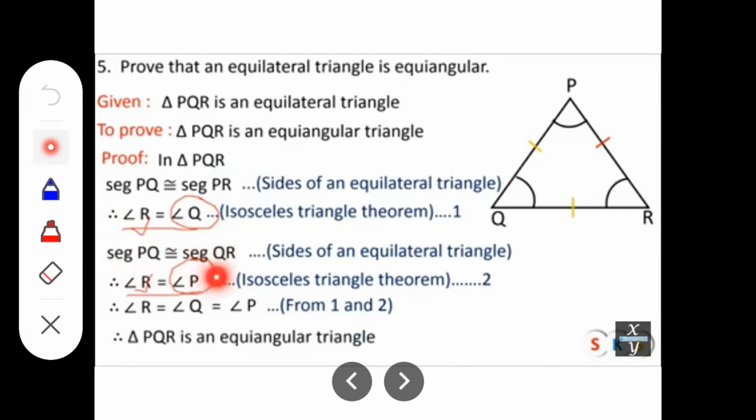So angle P will be equal to angle Q. So that means three of the angles are equal to each other. So angle R equal to angle Q equal to angle P. And the reason: from equation 1 and 2. Now if three of the angles are of equal measurement, the triangle is equiangular.